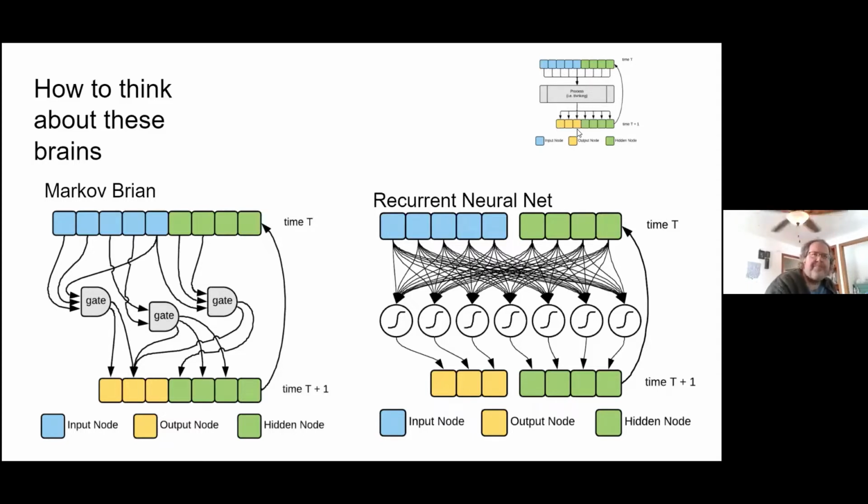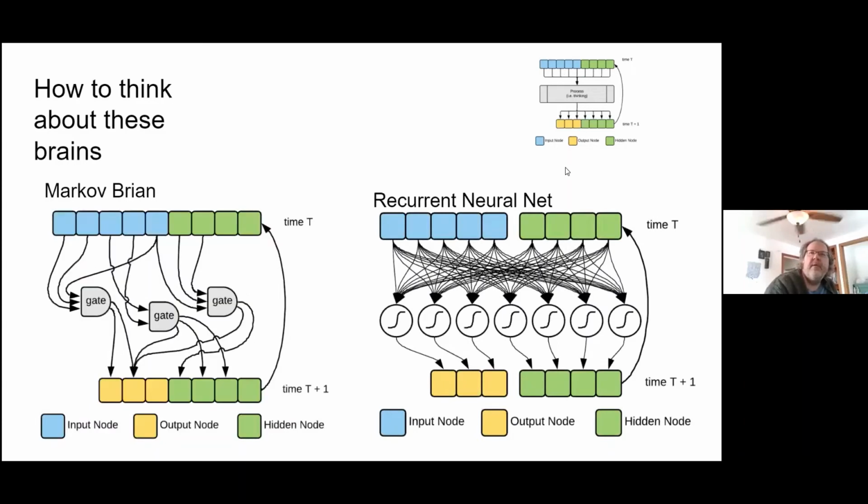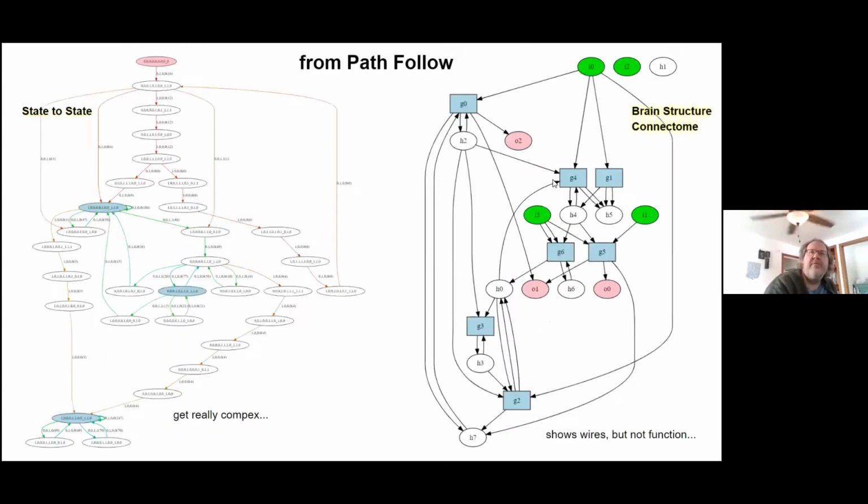And I'm interested in coming up with objective ways to understand the behaviors, and particularly the evolution of the behaviors in these brains. So we have some tools that we can use. We have some ways that we can look at the behavior. One of these is a state-to-state transition diagram. If we look at the state-to-state transition, that red node at the top is where we start.